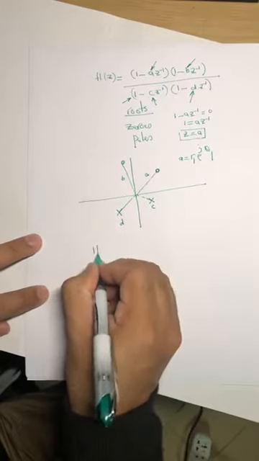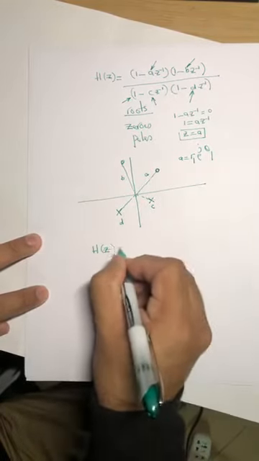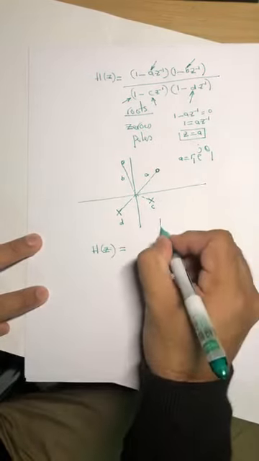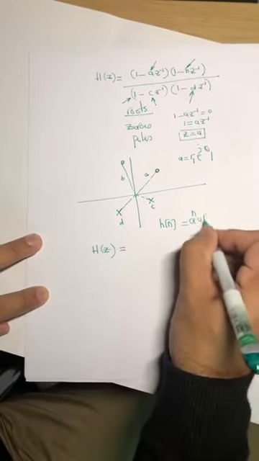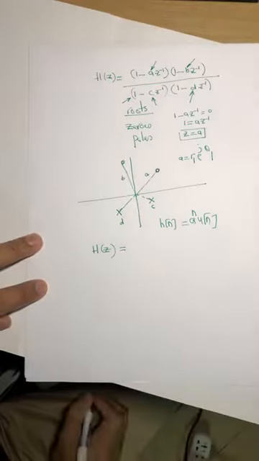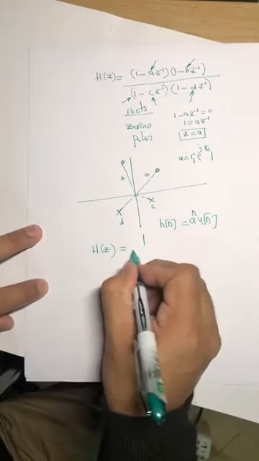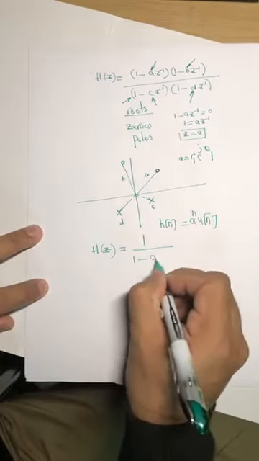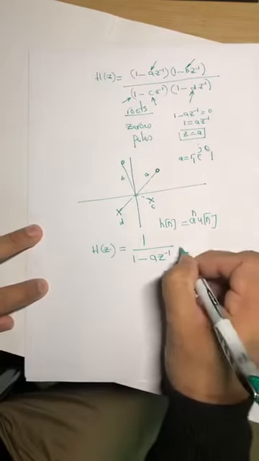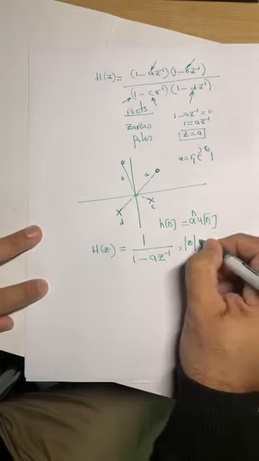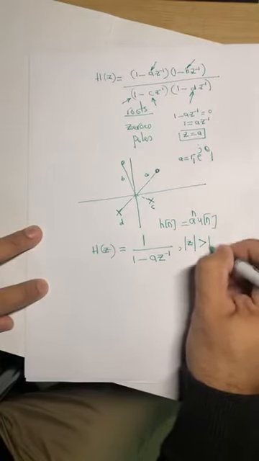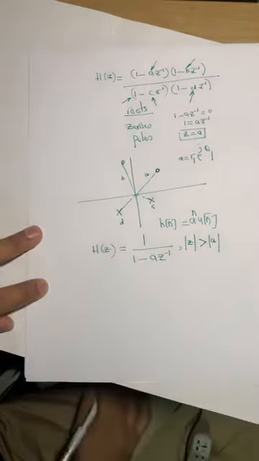let's now evaluate a transfer function, where h of n is a to the n, u of n, right? So we know the Z transform is 1 over 1 minus a z inverse, where z magnitude is greater than a magnitude.